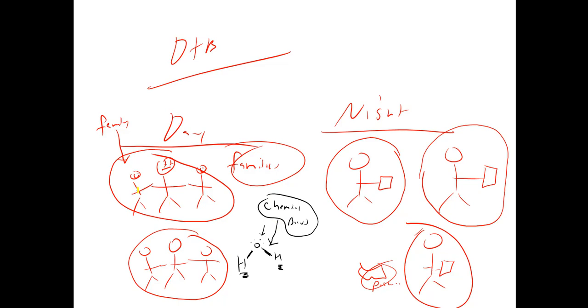So just as there are family bonds for family units, although some days are worse than others, there are chemical bonds that combine between atoms, and we call these molecules.